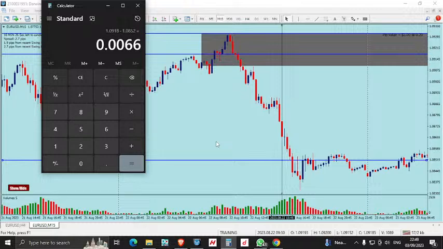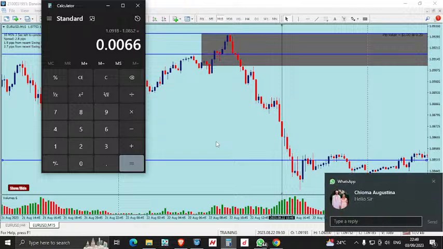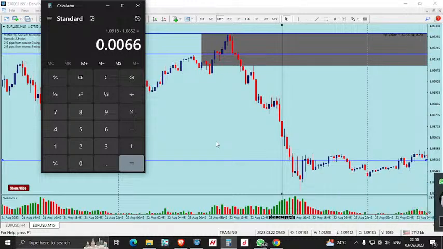For a beginner, the lot size that is okay for you depends on your capital. For example, if you have a capital of $500, I think if I'm trading with $500, I can even trade with 0.1.